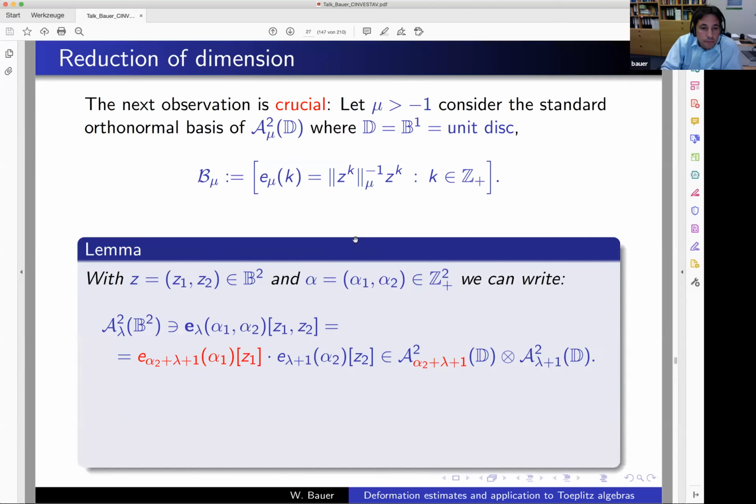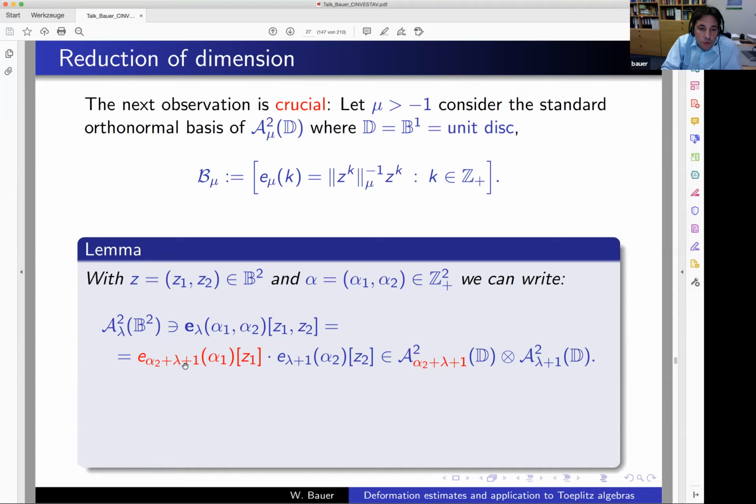And the crucial observation is the following. If I take one of these elements in the orthonormal basis of the Bergman space over the 2-ball, then I can write it in a multiplicative way as a product of 2 elements in this basis here on the unit disk. However, these elements in B mu are elements with respect to different weights.